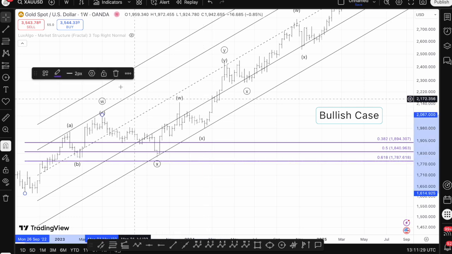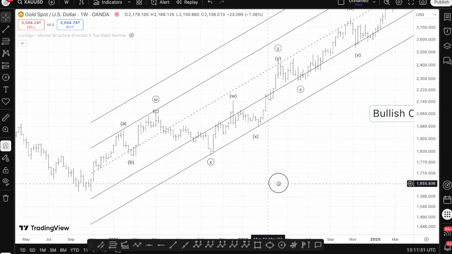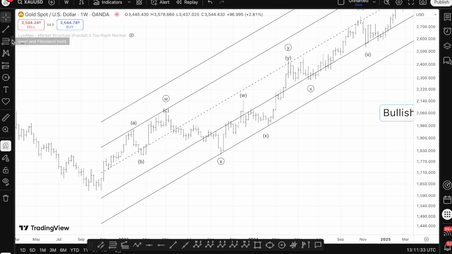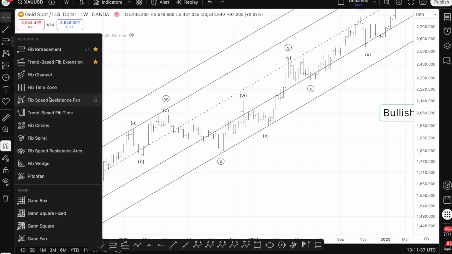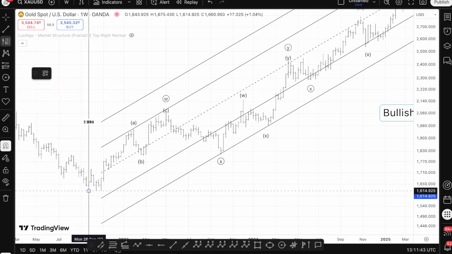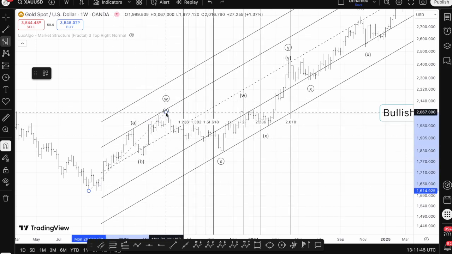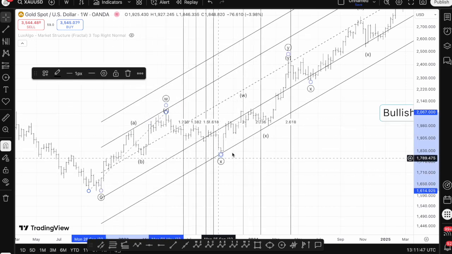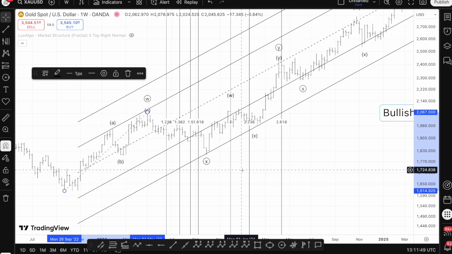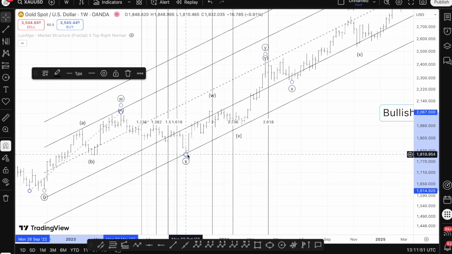As you can see, it's corrective as well, so I haven't labeled it here. And in terms of the time fib zones, let's see what happens here. Again, it is still within the range, right?